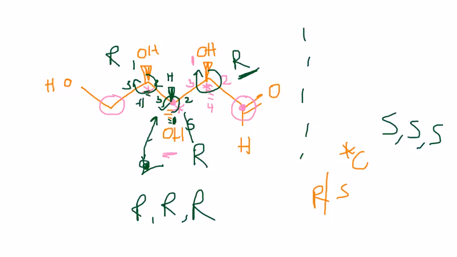So keep that in mind. But again, when you're assigning, all you've got to do is look at the priority order following the Cahn-Ingold-Prelog model, and keeping the least priority group away from you.